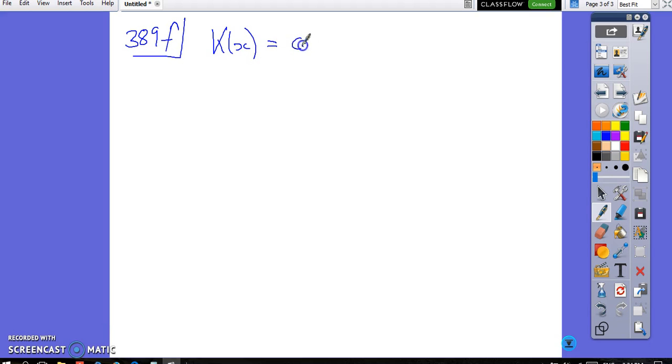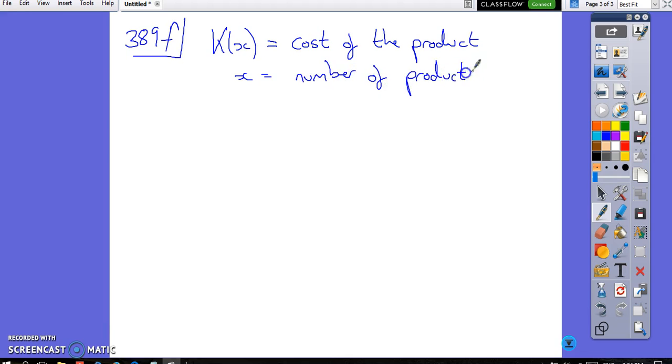So k of x is the cost of the product, and x is the number of products. And that makes sense. You know, if you buy one apple for 50 cents, that's 50 cents. You buy 2 apples, that's €1, etc., etc. And of course, if you buy nothing, it doesn't cost you anything.